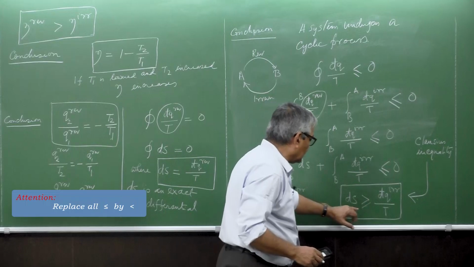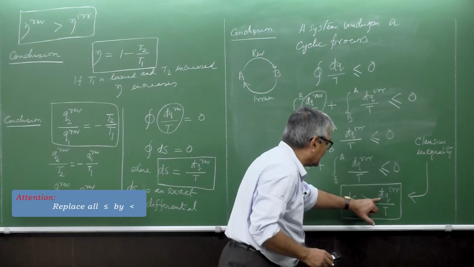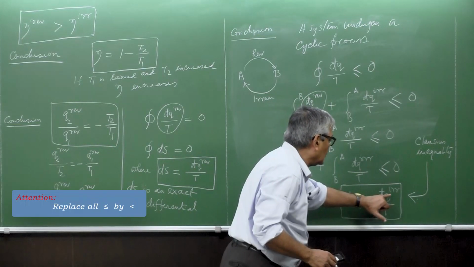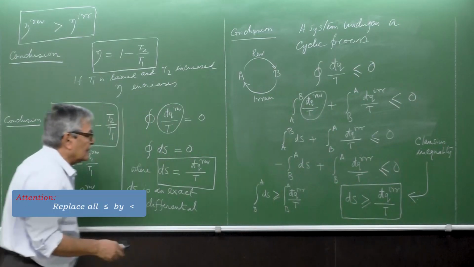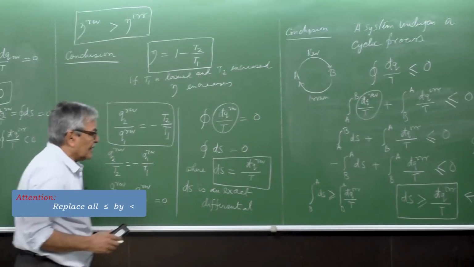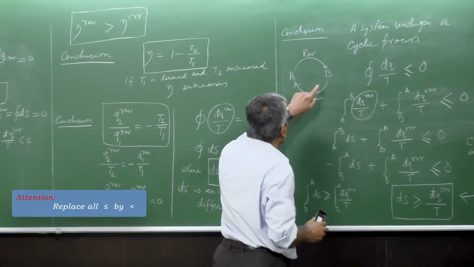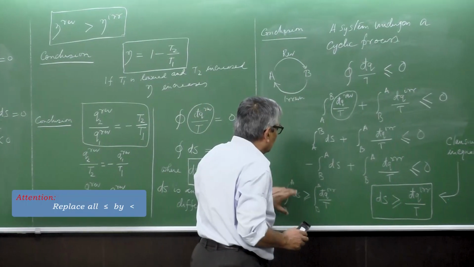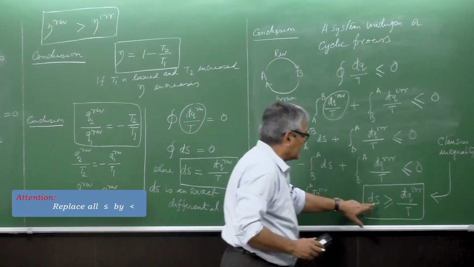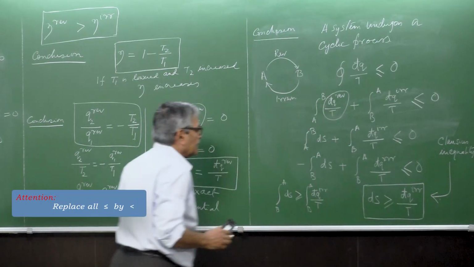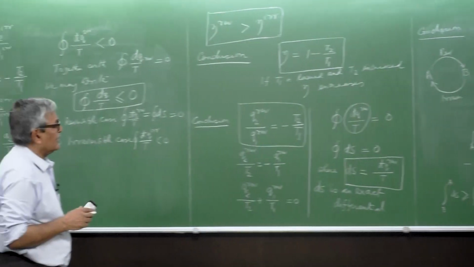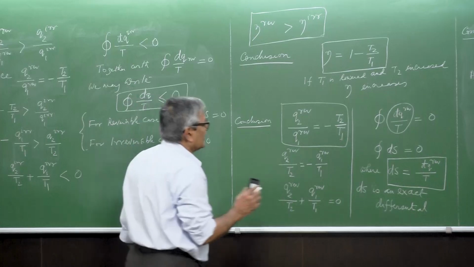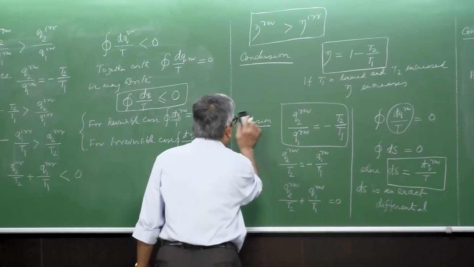It is important to note that dS is always greater than dQ irreversible by T, but this is for a single step B to A.